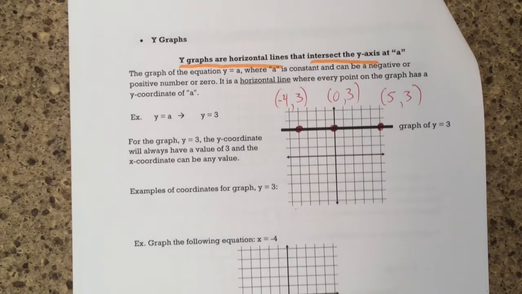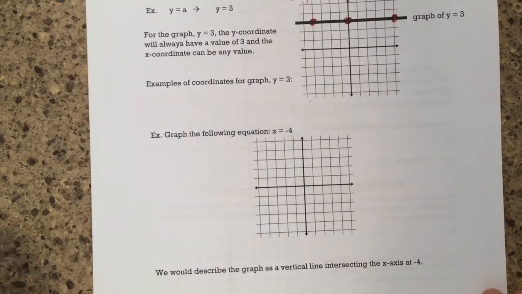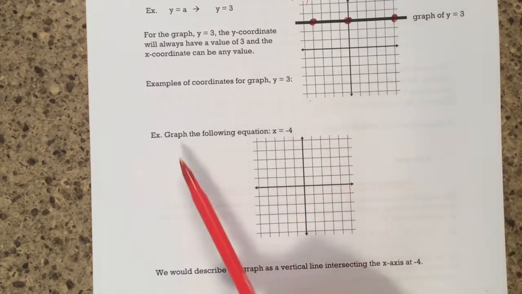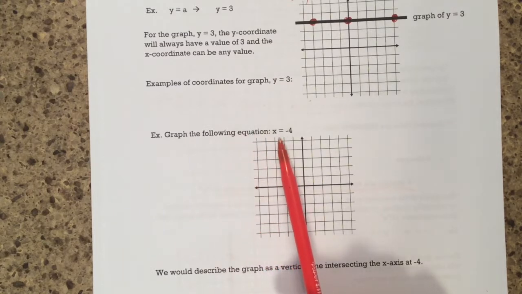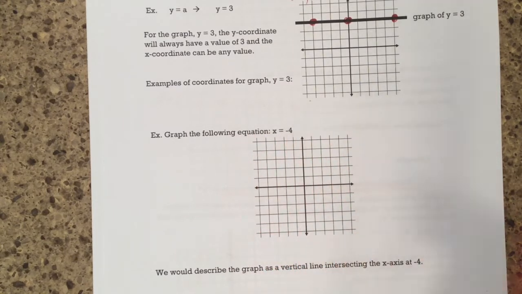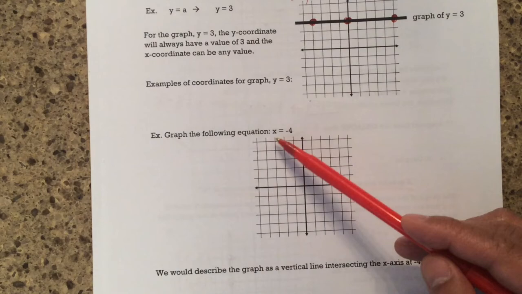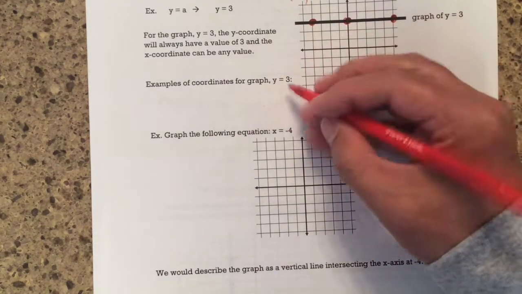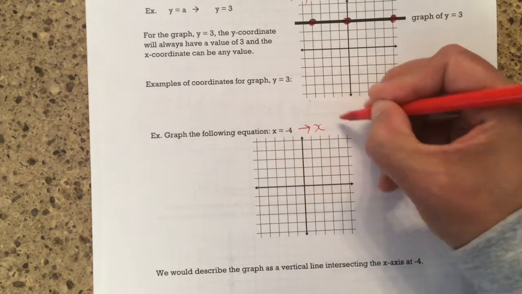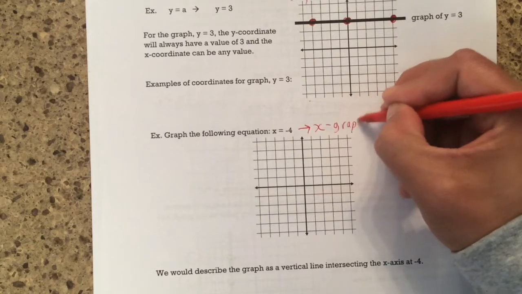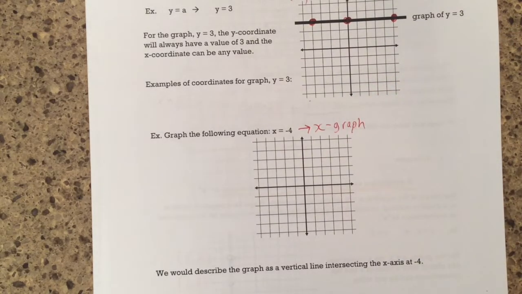Now let's see if we can graph these given the value of the graph here. So graph the following equation, x equals -4. So let's see, x, so this means this is an x graph. Okay, what does an x graph look like?